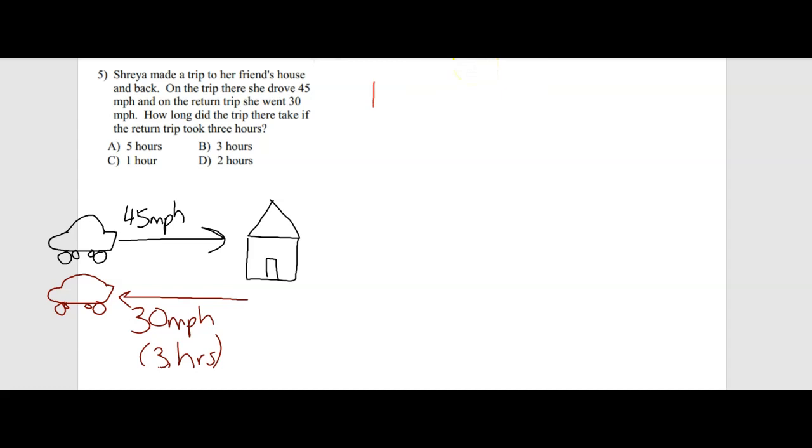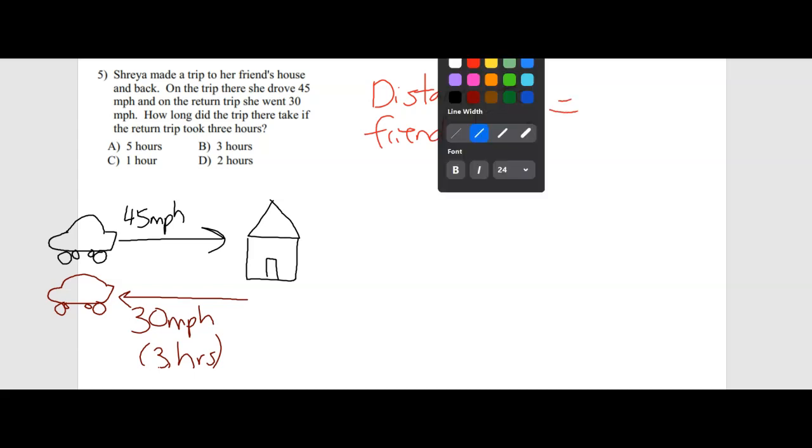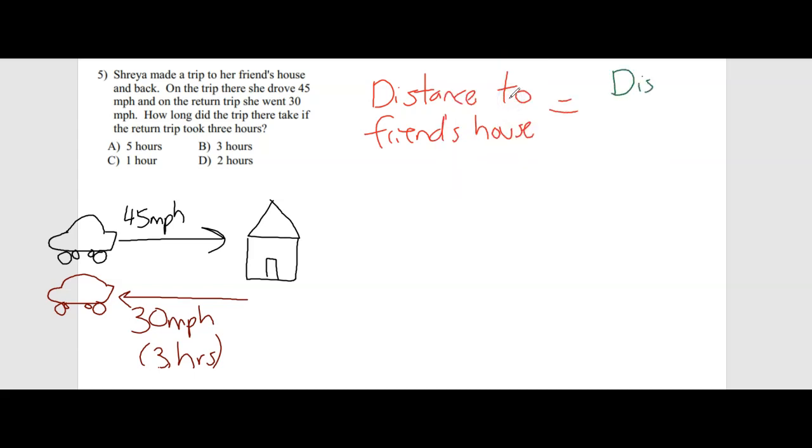Distance to the friend's house should be equal to the distance back home. Now let's see if we can translate these words into some numbers and variables.